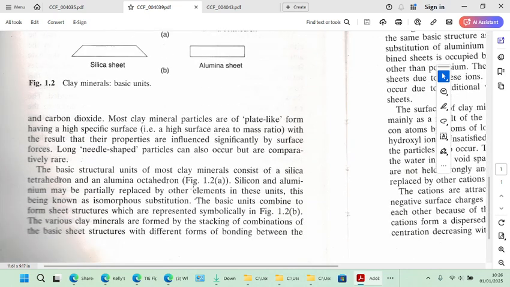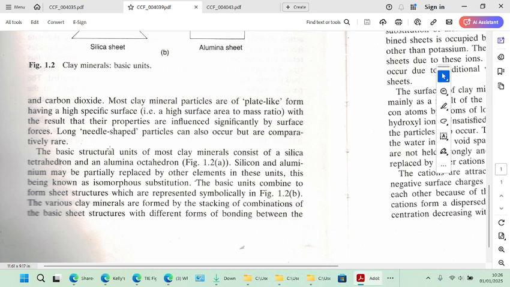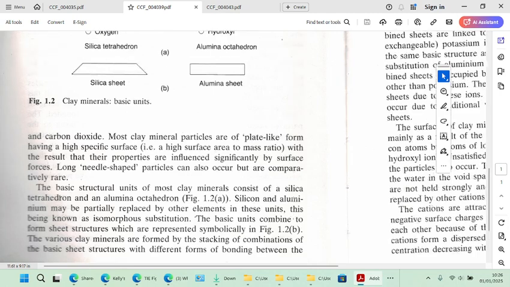So I was just repeating that the basic structural units of most clay minerals consist of a silica tetrahedron and an alumina octahedron. Silicon and aluminium may be partially replaced by other elements in these units, this being known as isomorphous substitution. The basic units combine to form sheet structures which are represented symbolically in figure 1.2b.